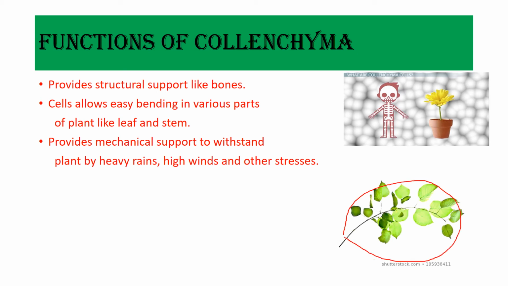And that is our question, which tissue helps in the bending of leaves and stem of the plant. So definitely the answer is collenchyma. And with collenchyma, not only does it allow bending in various parts, but it also provides mechanical support, helping the plant against heavy rains, high winds and other stresses. So I hope this option is also clear to you, dear students.